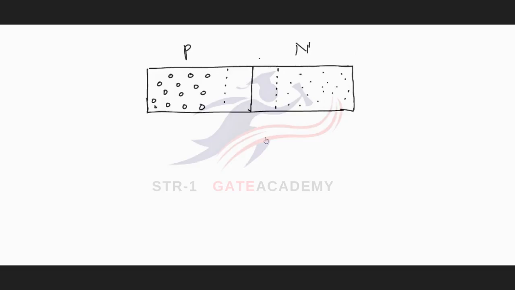Now, when this junction is forward biased, these holes will cross the junction and will be injected on the N side, and these injected charge carriers will accumulate near the junction, and these electrons will be injected into the P side, and these electrons will accumulate near the junction.